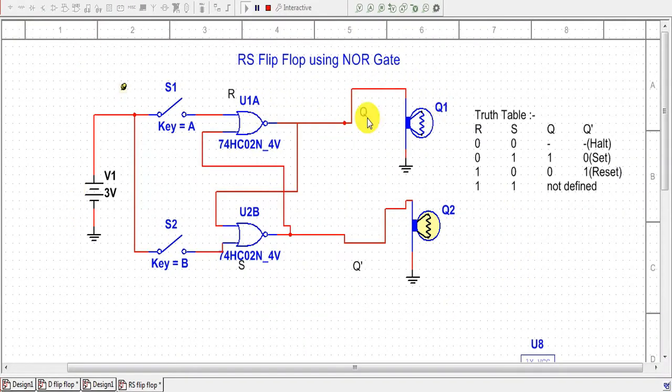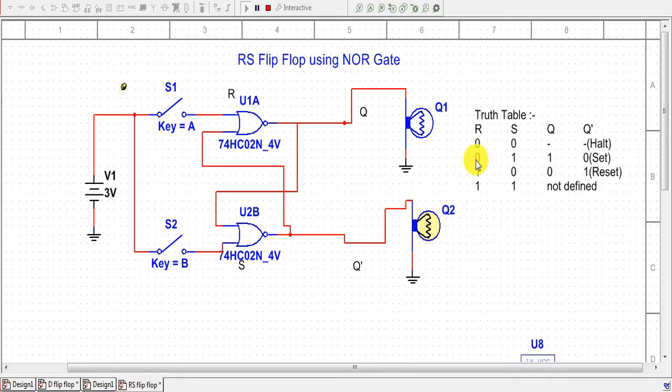As we do not know the initial state of Q or Q dash, just for simplicity we will take that initially Q is at state 0 and Q dash is at state 1. Now first case, if the input signal from R is 0 and S is 0, then we will not get any output, that is the flip-flop will remain in the previous state as it was.